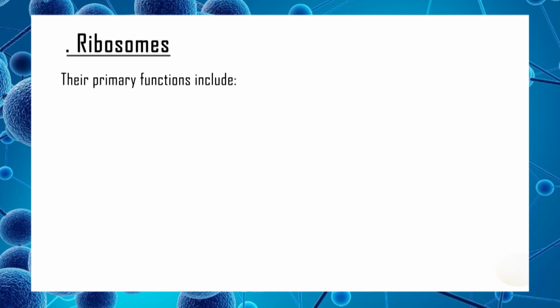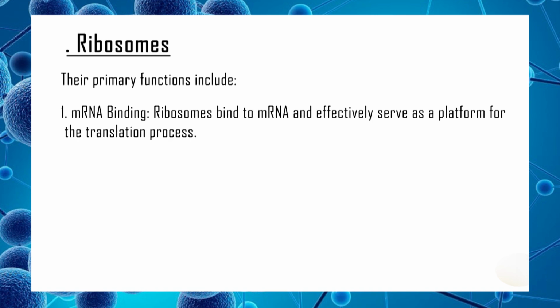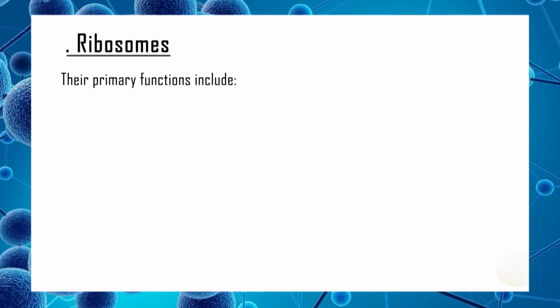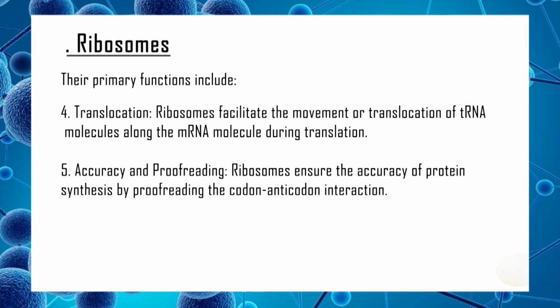The primary functions include first, mRNA binding, second, tRNA binding, and third, peptide bond formation. The large subunit of the ribosome holds the tRNA carrying the growing polypeptide chain, while the small subunit positions the incoming tRNA with its corresponding amino acid.